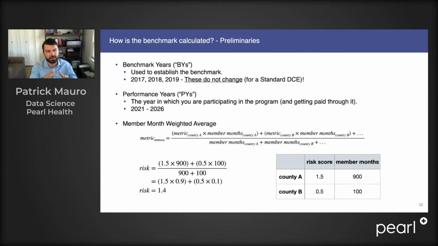We'll talk a little bit more about risk scores in a few slides. But just take for granted right now, the risk score is 1.5. In County A, you've accumulated 900 member months through CMS's tabulation. In County B, the patients are a lot healthier, but there are fewer of them. There's only 100 member months there. And so you would do a weighted average of these 2 quantities in order to find a member month weighted average of your risk is 1.4.